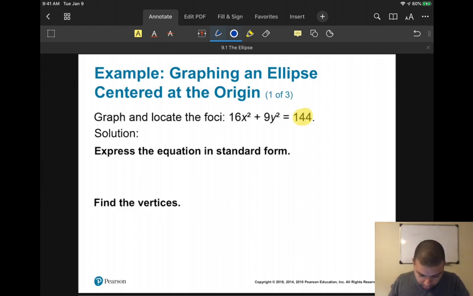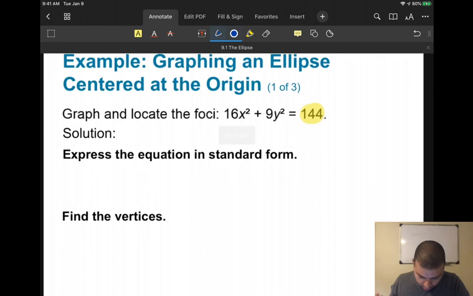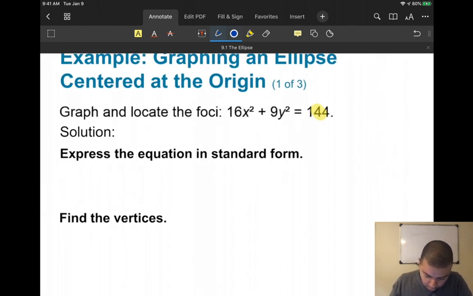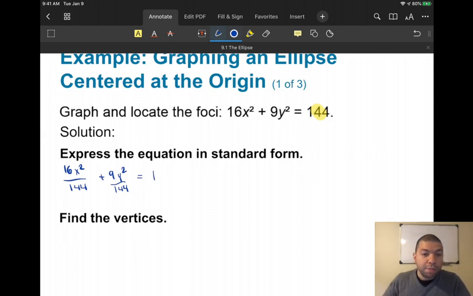So we have our 16x squared over 144, plus 9y squared over 144, equal to 1. But that's not good yet, because I only want x squared divided by something.